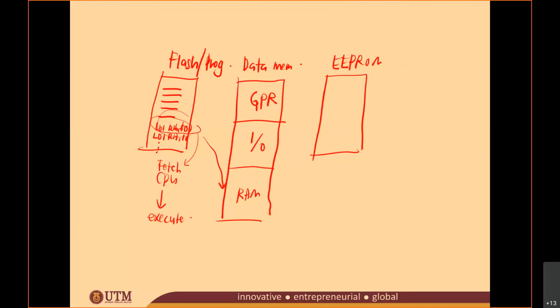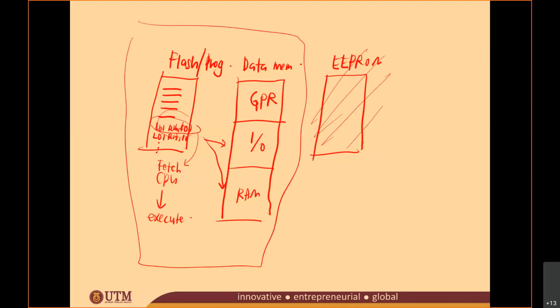Whatever value yang dihasilkan daripada instruction di sini akan disimpan dalam data memory. While for the EEPROM, tak perlu tengok pun tak apa sebab kita fokus only on this 2 memory. Satu flash program and satu lagi data memory. So this is what happened lah dekat kat sini.